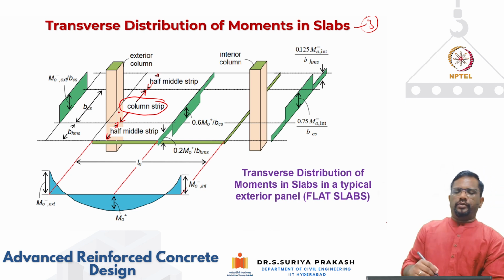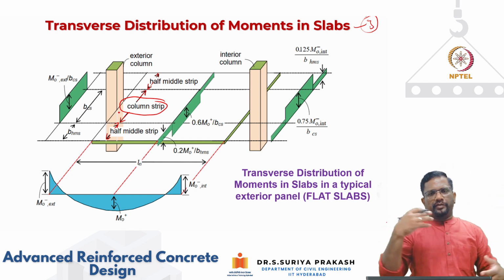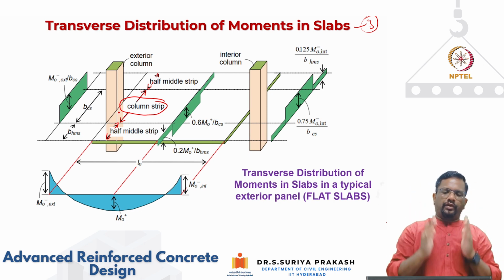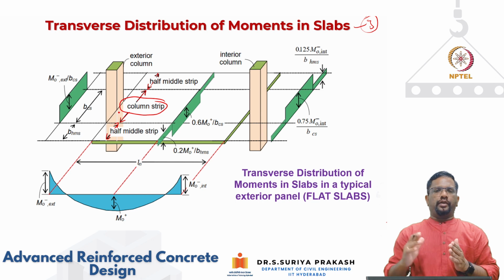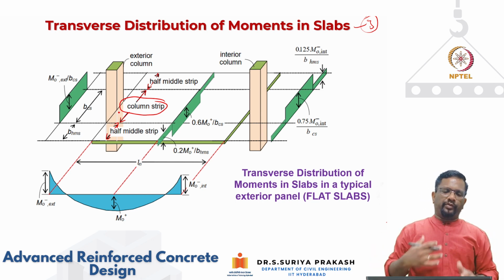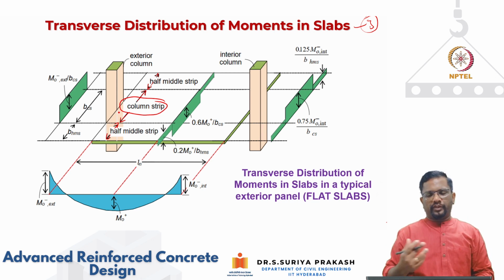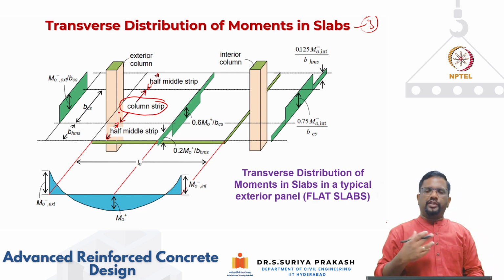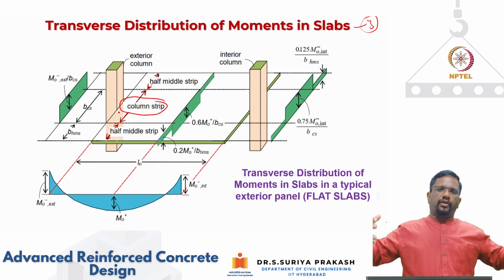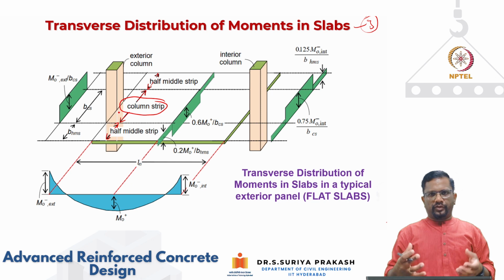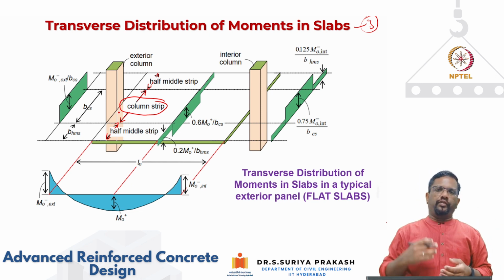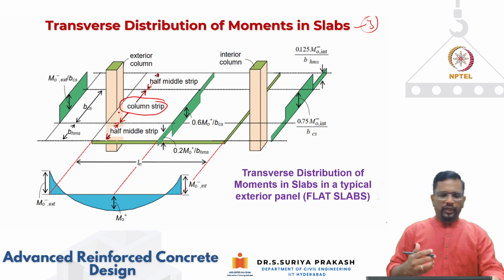So each frame in the transverse direction will have a width running along the column line as column strip, and on the left and right side of the column strip you will have half middle strips, which together we call the middle strip region. Why do we need to divide like this? Because the regions along the column strip are stiffer, so they attract more moment than the middle strip region.